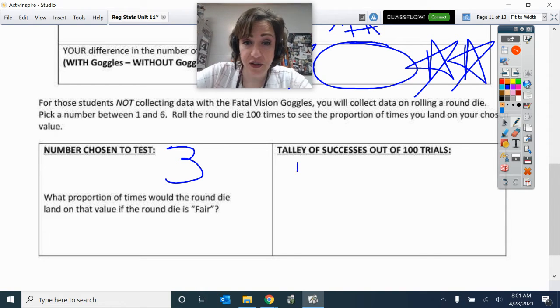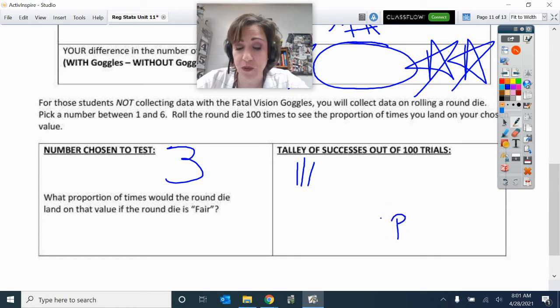Every time it lands on a 3, I'm going to tally. Once I finish with that, I'll get a proportion of times, however many times it lands out of 100 on the 3.